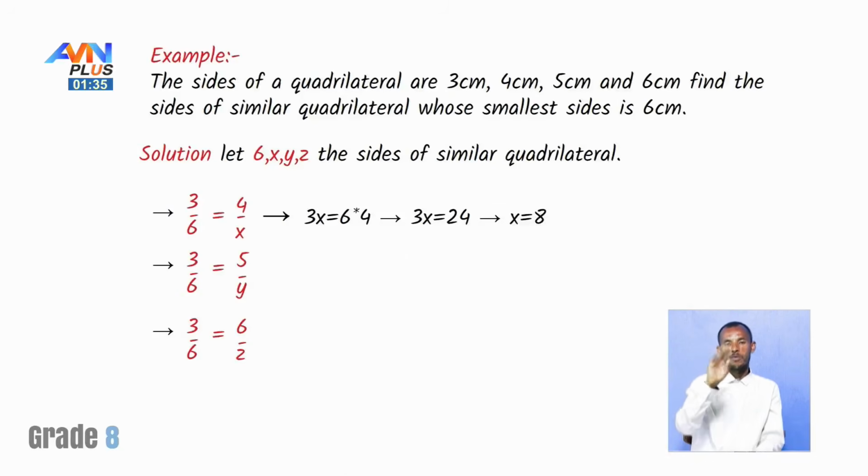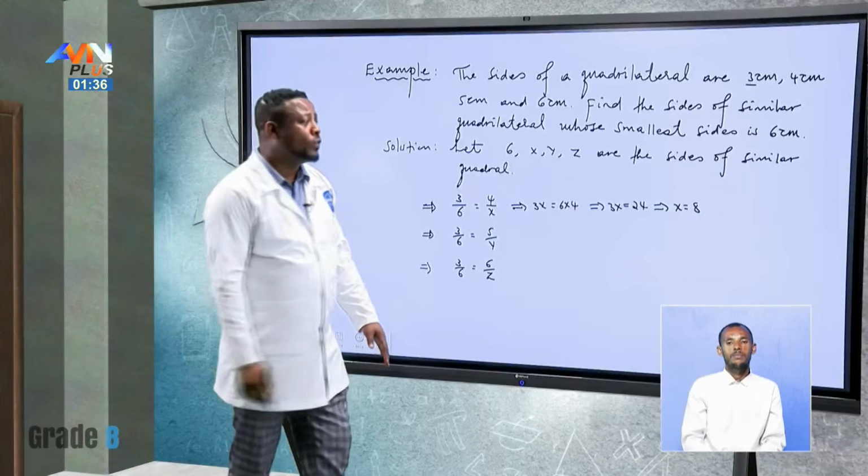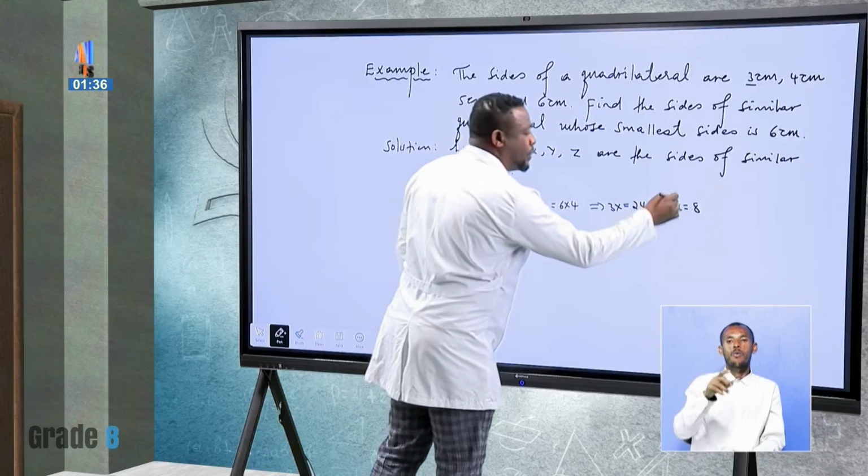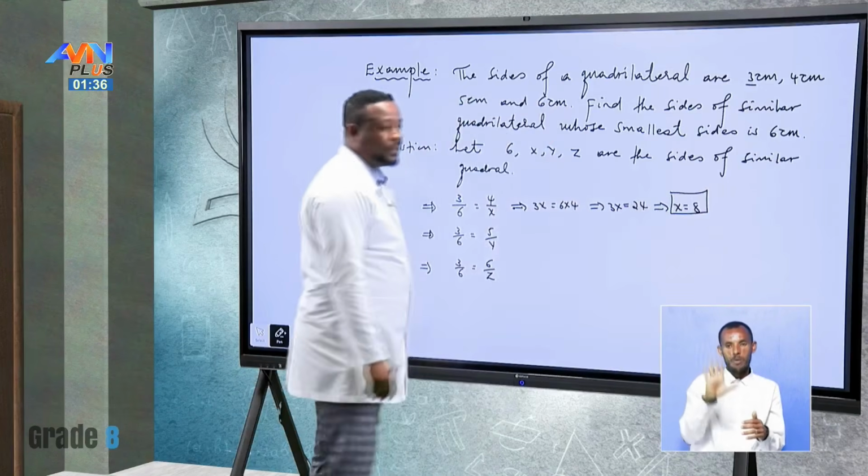Okay, so 3 times x is 24. Dividing both sides by 3, we get x is equal to 8, right? The value of one of the sides of the unknown quadrilateral is 8.